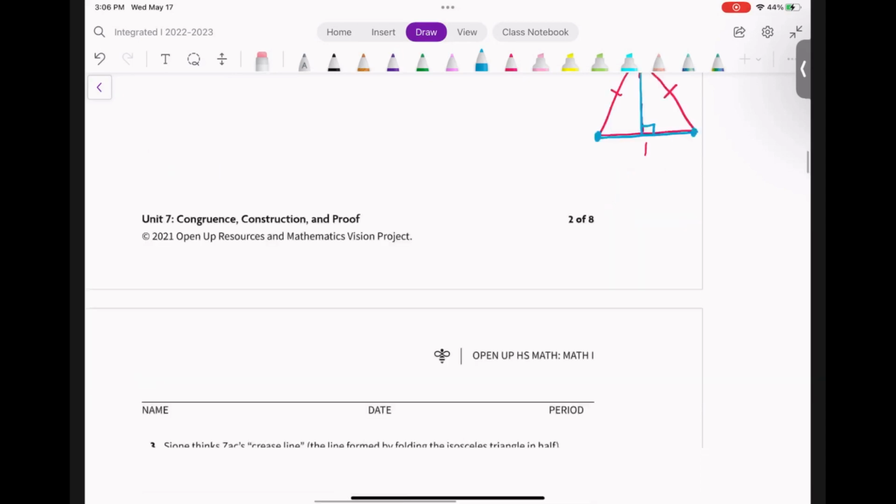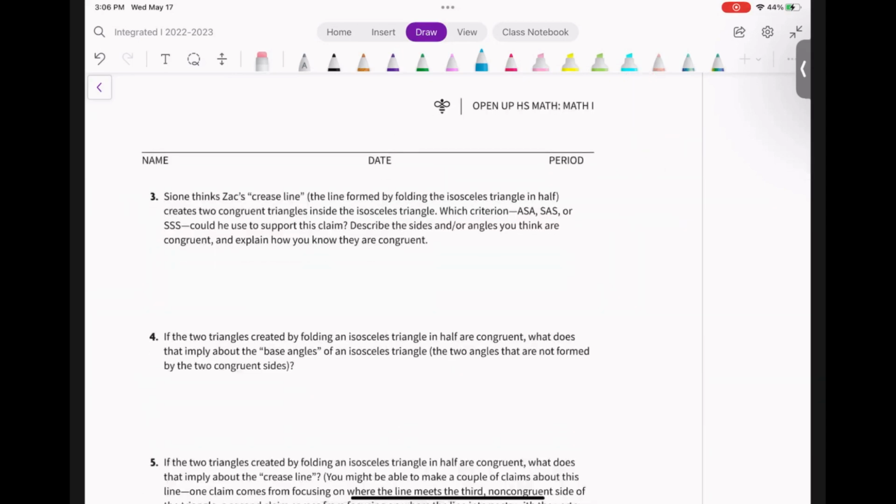Okay, let's move on. It says, Sion thinks that Zach's crease line, the line formed by folding the isosceles triangle in half, creates two congruent triangles inside the isosceles triangle. Which criterion, ASA, SAS, or SSS, could he use to prove and support this claim?